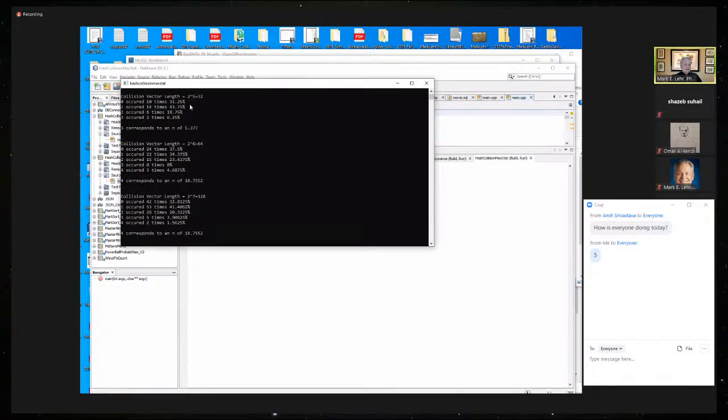And you can see here distributionally, hashing it 32 times, quite a bit of it's empty. Some of it has 1, some of it has 2, some of it has 3. No more than 3 though.